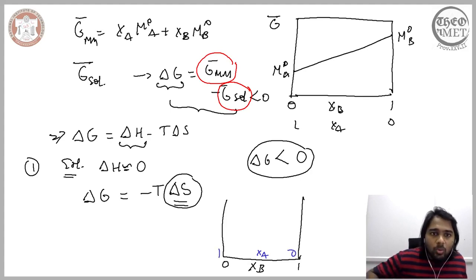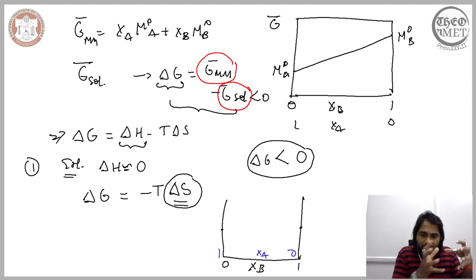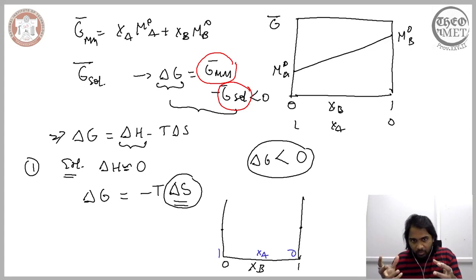Now a qualitative understanding of this entropy would be this: in these two extremes, when you have exclusively the elemental form of A or the elemental form of B, that is where the entropy will be at its lowest, because entropy is the degree of randomness, and you need different components arranged in different ways to achieve extensive randomness.